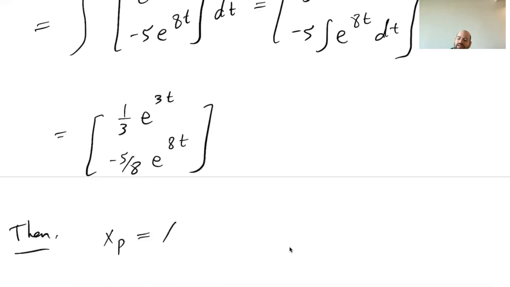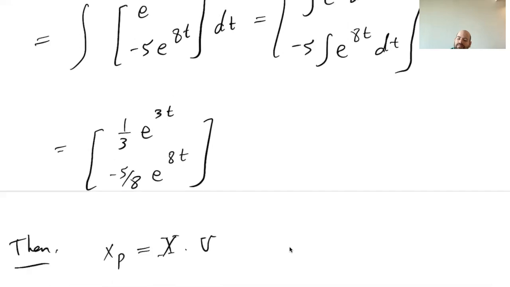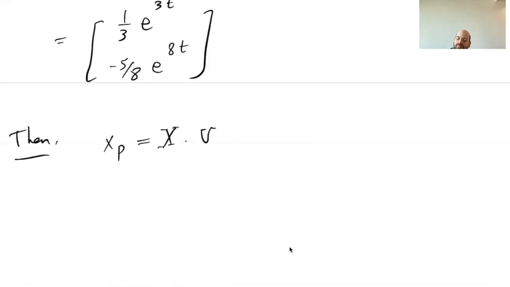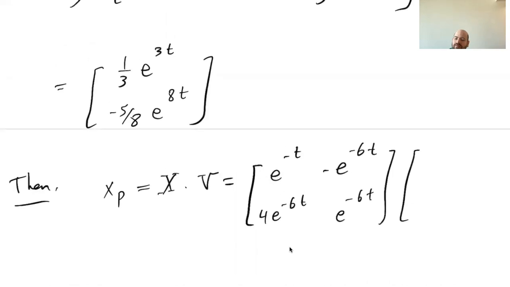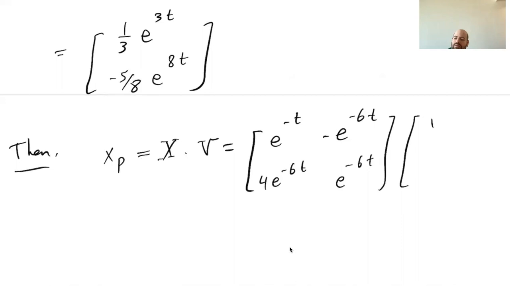And then lastly X_p. X_p was capital X times capital V. This is my capital V. I already found capital X and capital V. Capital X was e to the power minus t, minus e to the power minus 6t, e to the power minus 6t, and capital V was this matrix here, 1 over 3 e to the power 3t, and minus 5 over 8 e to the power 8t.